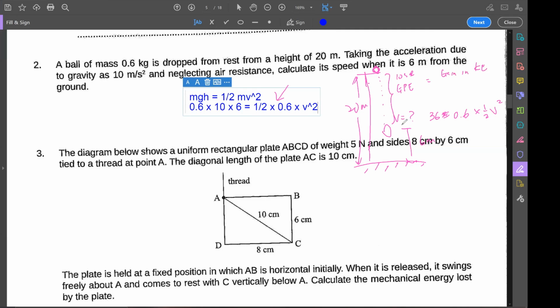If you put 0.6 times 10 times 6 here, what you are finding is the GPE at this point. You are not counting how much energy is lost and how much becomes KE.